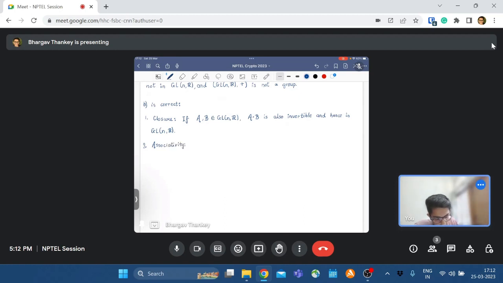Okay, we know that matrix multiplication is associative. Yeah, so this is also fine. What about identity?